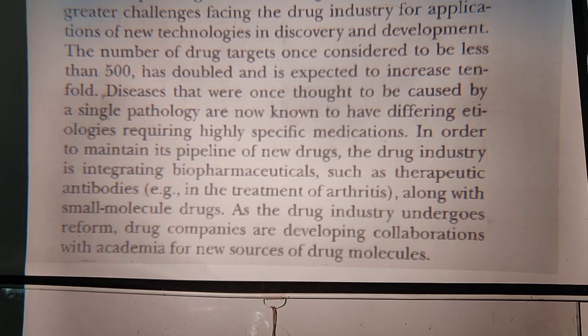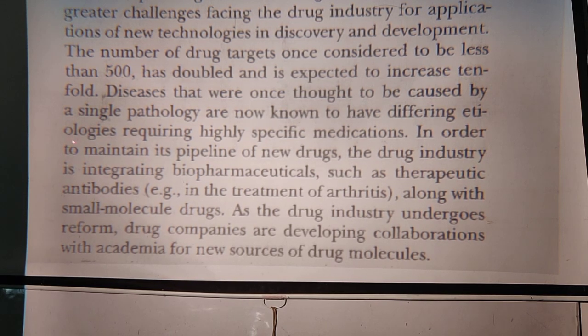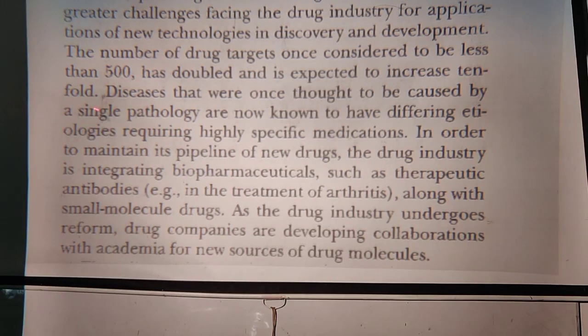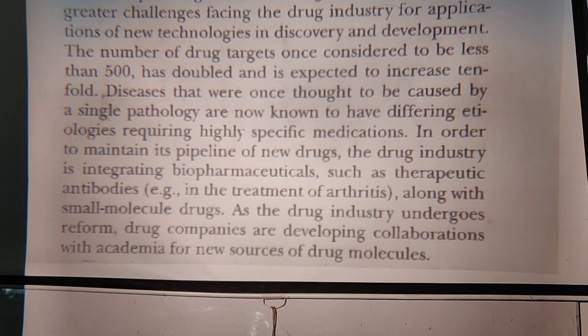But now, to have different etiologies requiring highly specific medicine, it is not necessarily that only one gene is responsible. Now many genes are responsible to control one disease. For that matter, most modern medicines are there in order to maintain its medication.